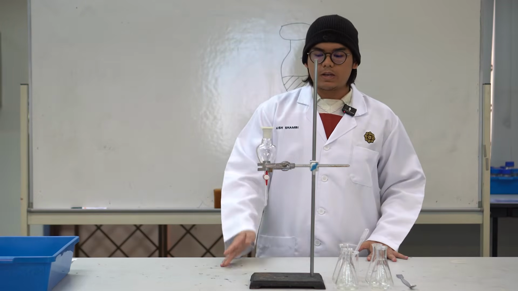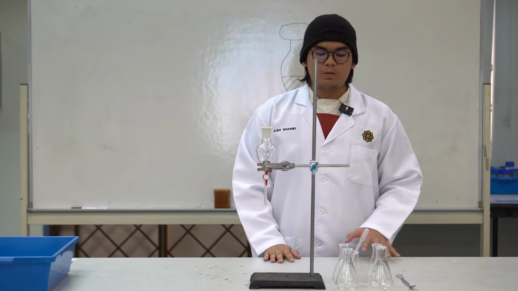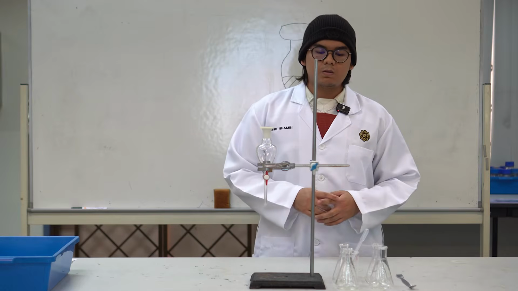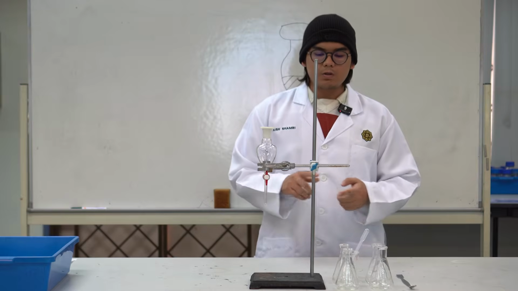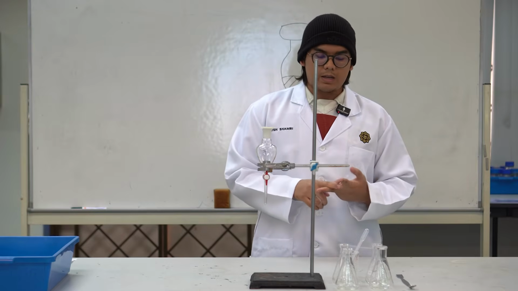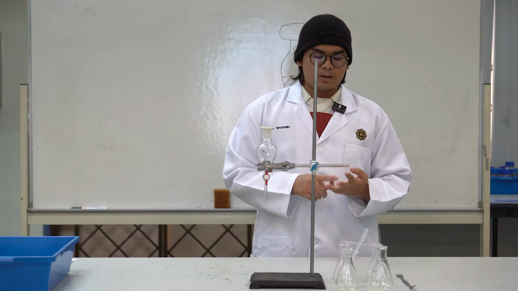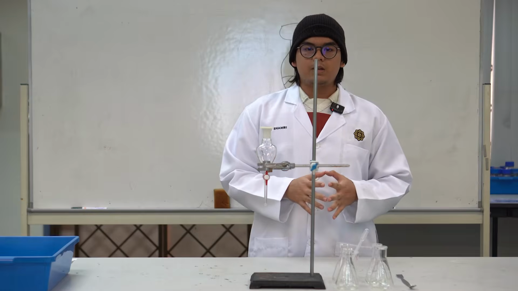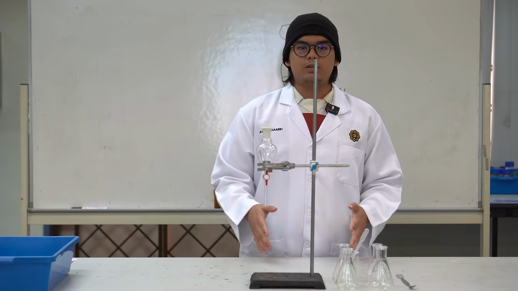So before we start the experiment, there are precautions that we need to be aware of. The first one is PPE. We need to wear goggles in case splashes happen, the second one is gloves, and the last one is a lab coat. The second thing we need to be aware of is handling our chemicals.